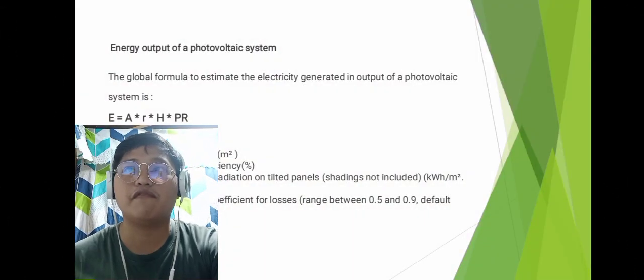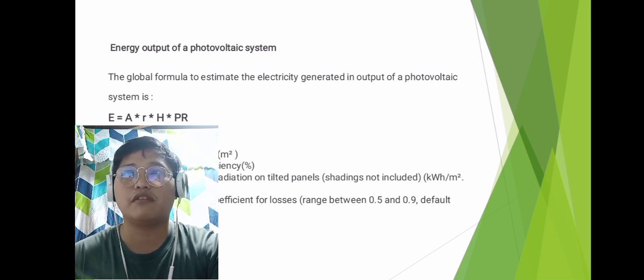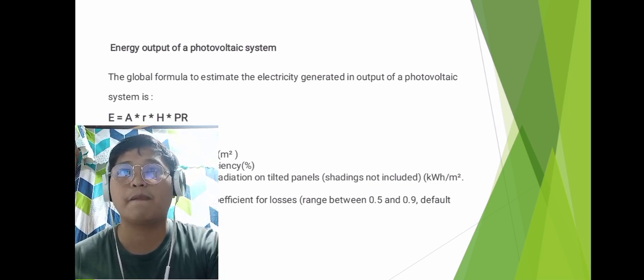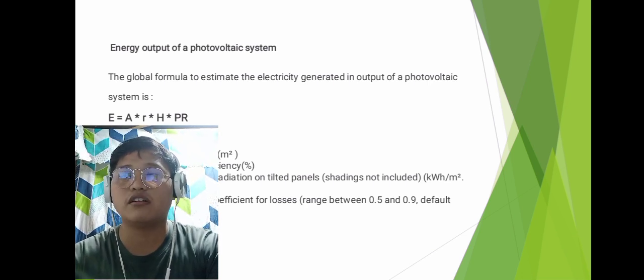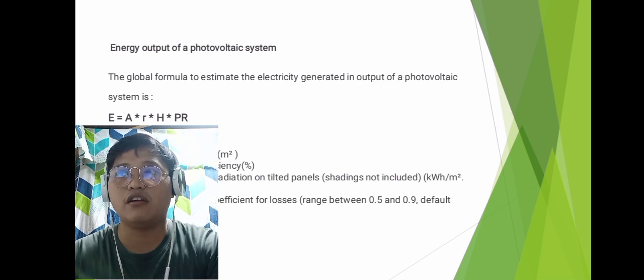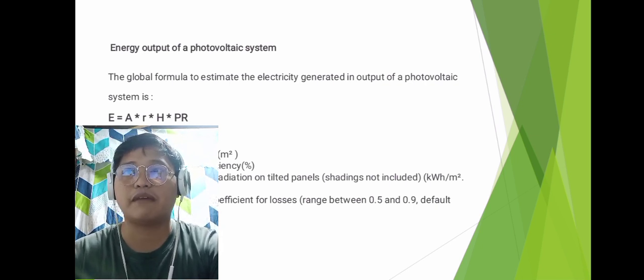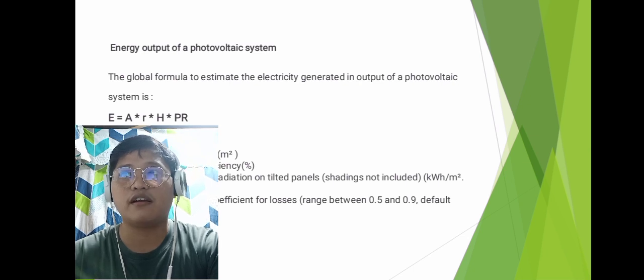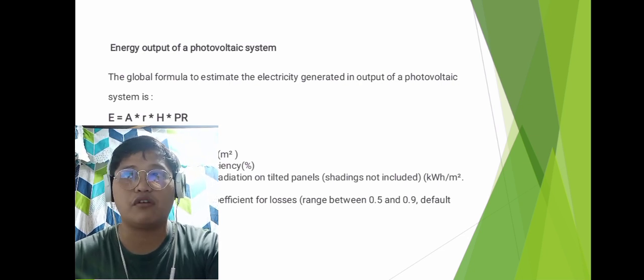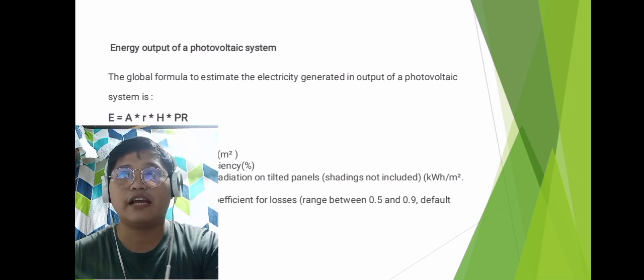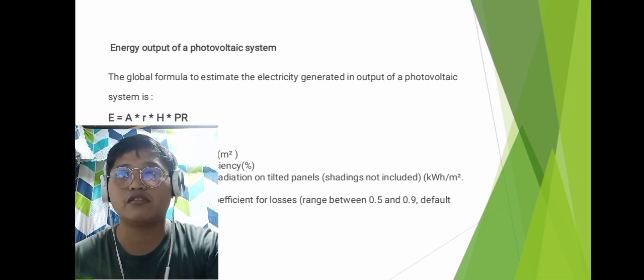And for the energy output of our photovoltaic system, the global formula to estimate the electricity generated by a photovoltaic system is E = A × R × H × PR, where E is the energy in kilowatt hours, A is the total solar panel area in square meters, R is the solar panel yield or efficiency in percent, and H is the annual average solar radiation on tilted panels, shadings not included, in kilowatt hours per square meter.